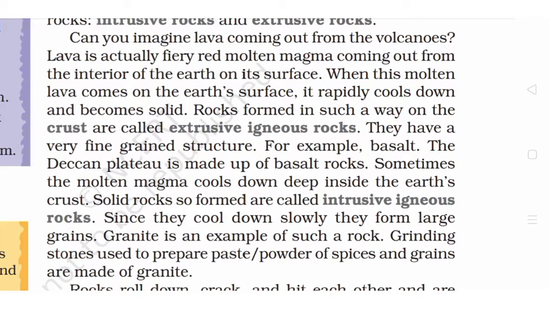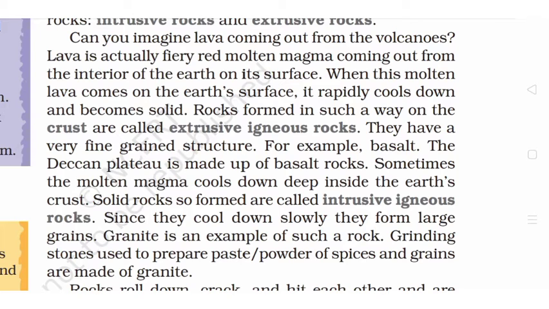Now when this molten lava comes onto the earth's surface, it rapidly cools down and becomes solid. When rocks are formed in such a way on the crust, meaning on the upper surface of the earth, they are known as extrusive igneous rocks.